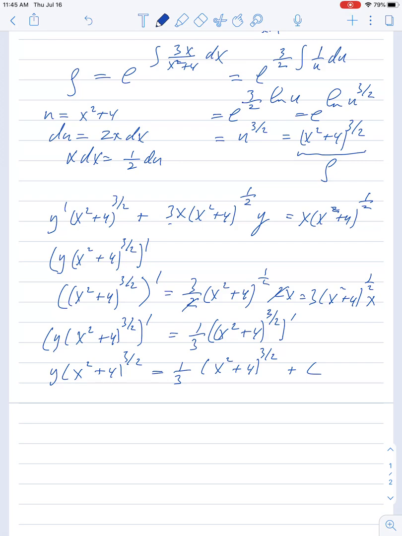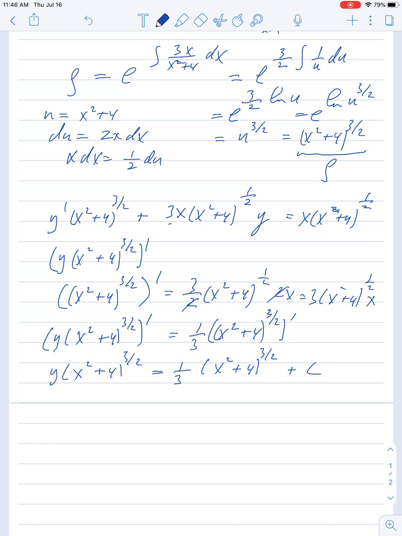So these two functions have the same derivative, they differ by constant. That's a basic fact in calculus. So with this integration here, we found the general solution.